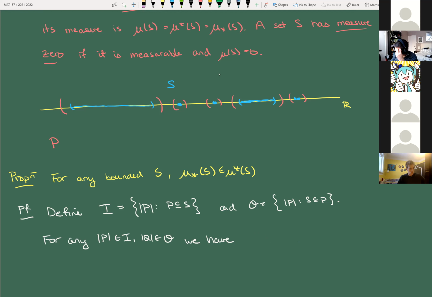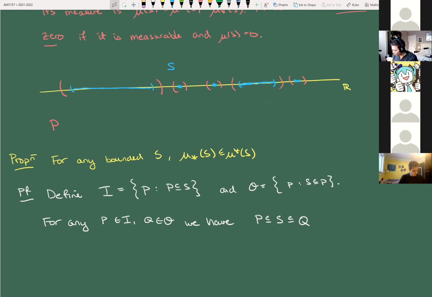Let's take the norms off the inner and outer. I'm sorry about that. So for any P in I and Q in O, we have that P is contained in S, which is contained in Q, right? So in particular, Q is a polyrectangle cover of P.